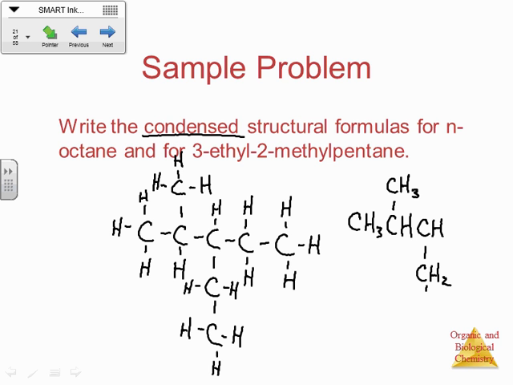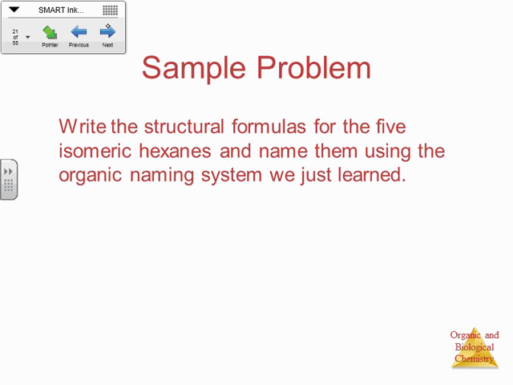Well, actually, I guess I'm going to write this the way we normally write this. It's going to be CH2, CH3. Okay. And then I've got my CH2 after that, and then CH3 after that. Okay? So that's what my condensed structural formula is going to look like for that one. So again, writing the Lewis structure is probably a good idea first when you're just getting the hang of these.